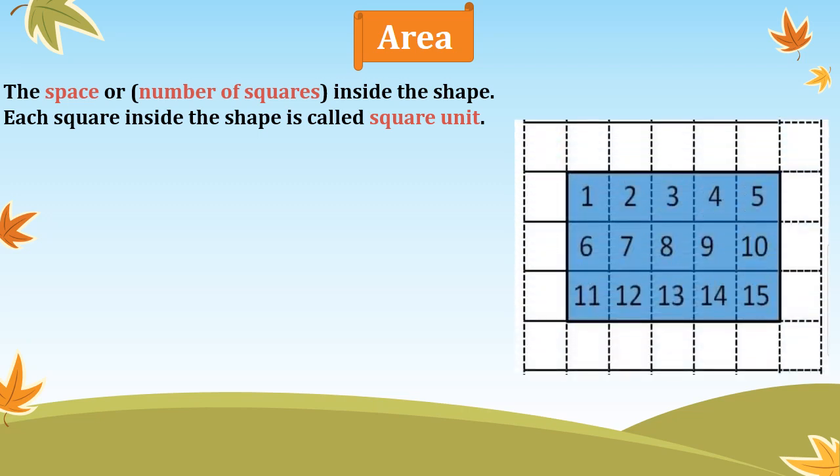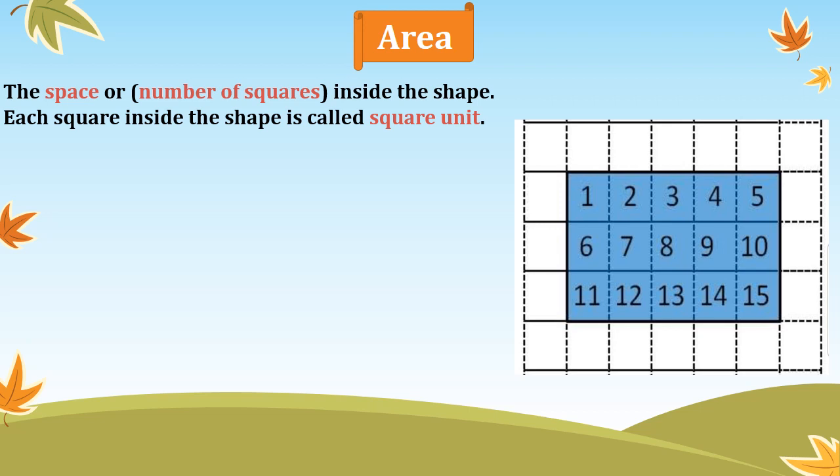Here, in our example, we have a rectangle colored with blue. This big rectangle colored with blue has some squares inside it. If we count these squares inside this rectangle, we will find them 15. So the area of this rectangle is 15.